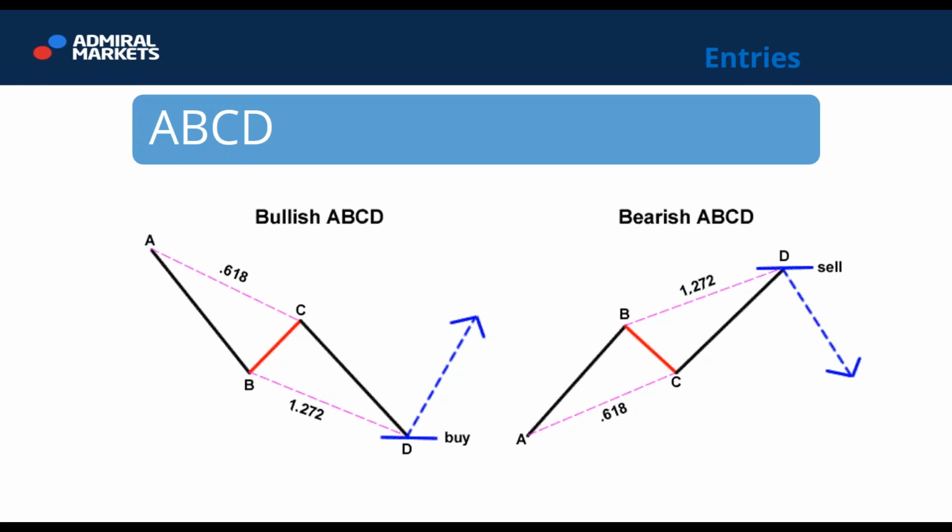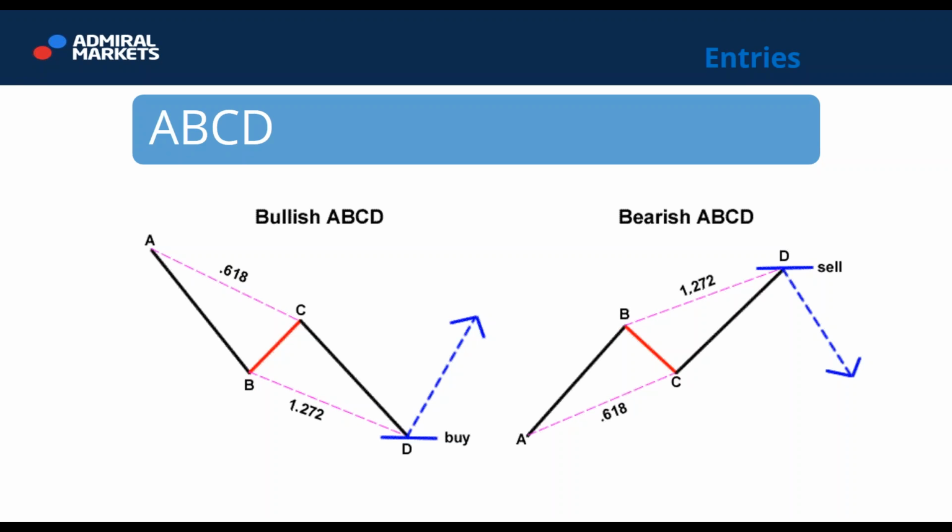Don't forget, POC zone in my teaching is the single most important zone for taking the best possible entries ever. Then there are other patterns such as ABCDs, 5-0, and so on.